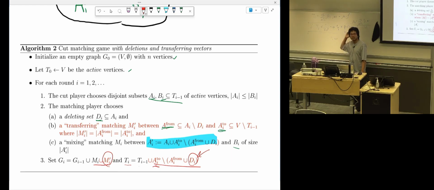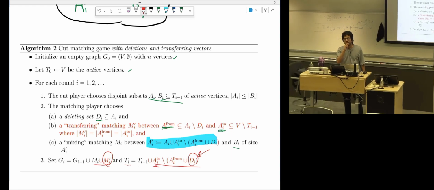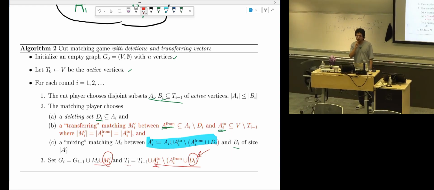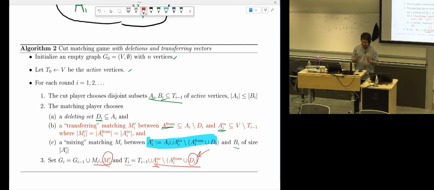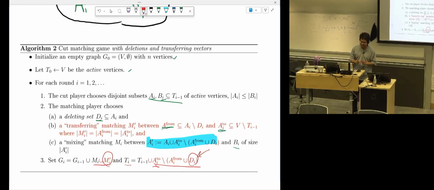Question about this? I guess we may cover this, but when would the matching player want to delete versus transfer? What's the incentive? Why would we want to do that? Like right now, it's not too clear. Yeah, I totally see this, and we will see why we want to do this when we try to build fast algorithms.